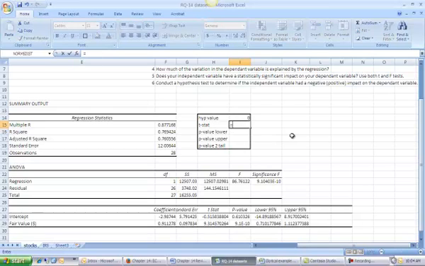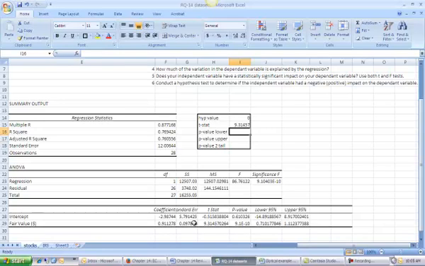How do I calculate my t-stat? In order to get around potential issues with using the t-distribution, the simplest way is to use the absolute value: the absolute value of my coefficient minus its hypothesized value, divided by the standard error of that coefficient. That gives me my t-statistic.